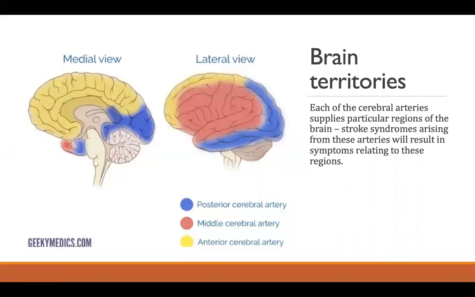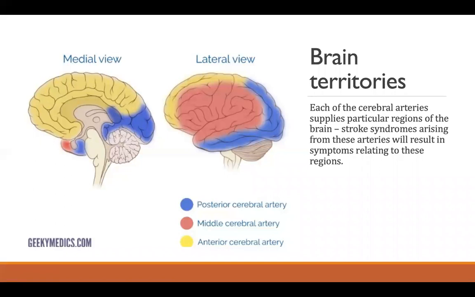It covers a lot, so a stroke there can be quite devastating. Whereas in the medial part, in the middle of the brain, the ACA covers a lot of it, as you can see on the left-hand image, and the posterior covers the posterior aspects, where the optics and sight are all computed.